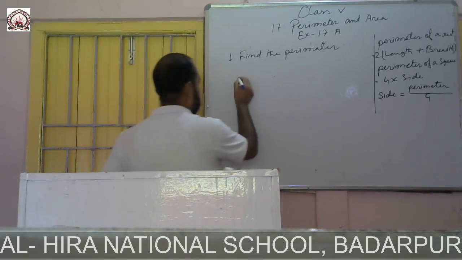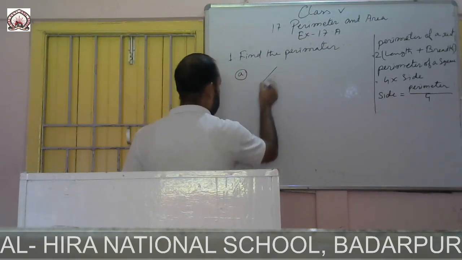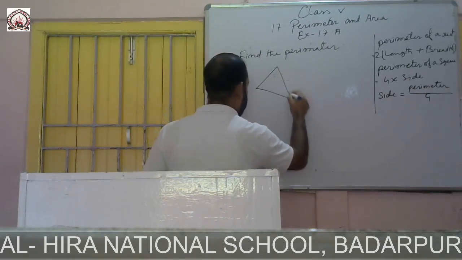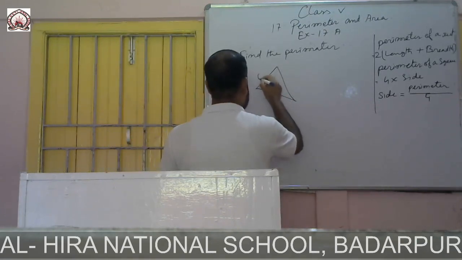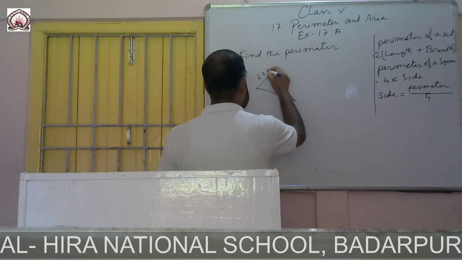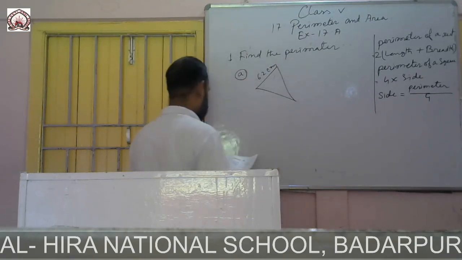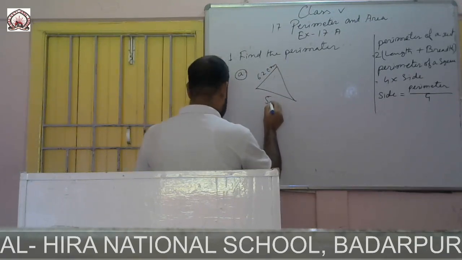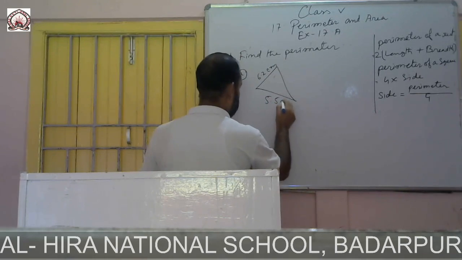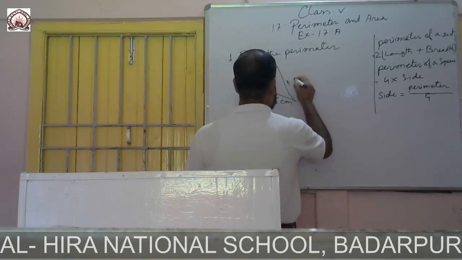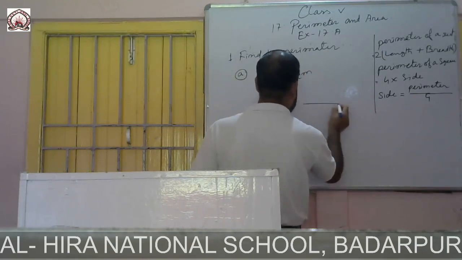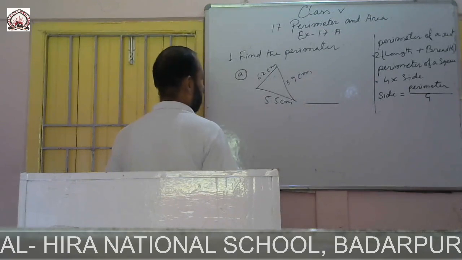So a triangle, this side equal to 6.2 centimeter, 5.5 centimeter, 3.9 centimeter. So we take out the perimeter and write here.